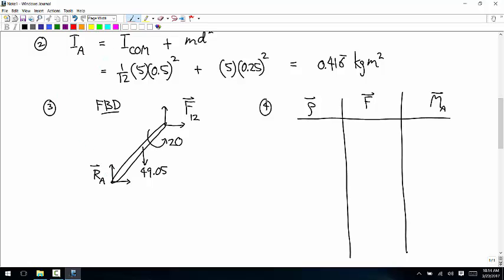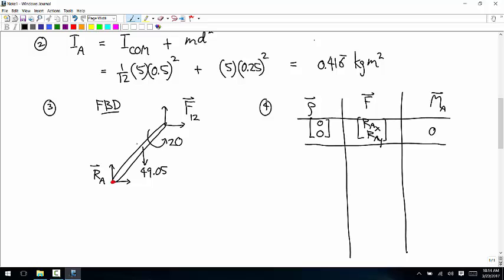It has to be at A. So here's the about point. So the row vector for that force RA is 0. The force vector is RA, X and Y components. And there's no moment. Yeah, it's 45 degrees.